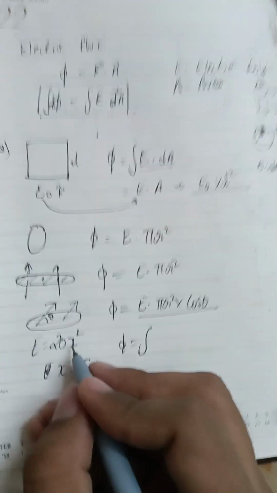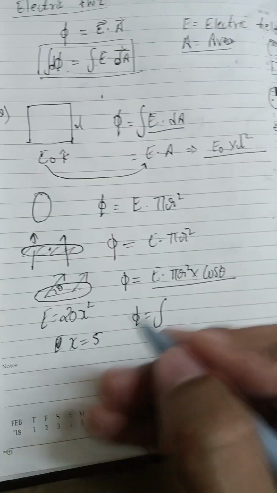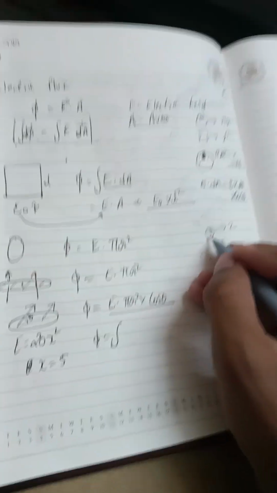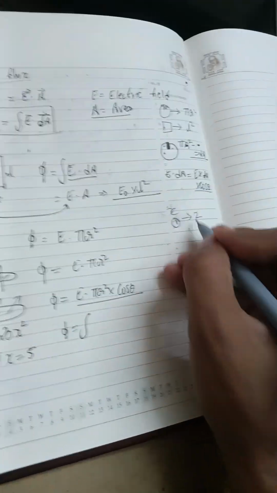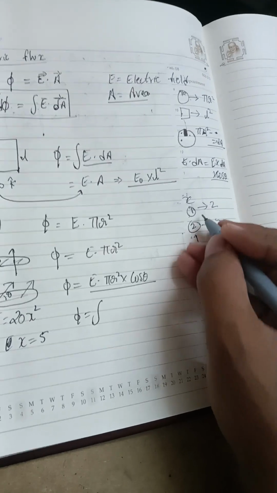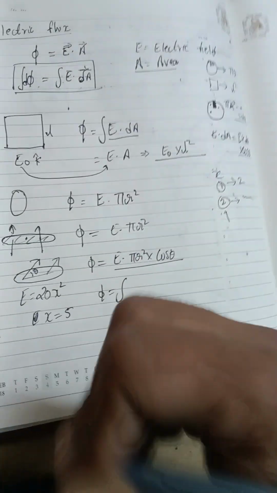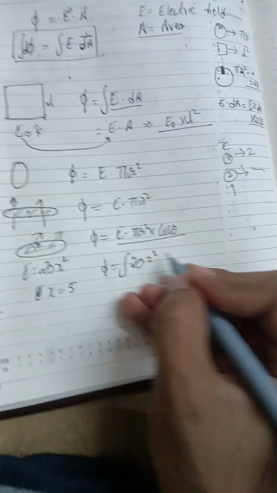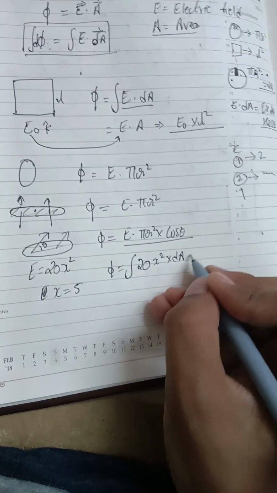When they have given a variable, if you take one value, then the value of x changes, and if you take something else the value changes again. So it keeps on changing if you change the value of x. So that variable you should keep here, 20x square into dA cos theta. Why cos theta?